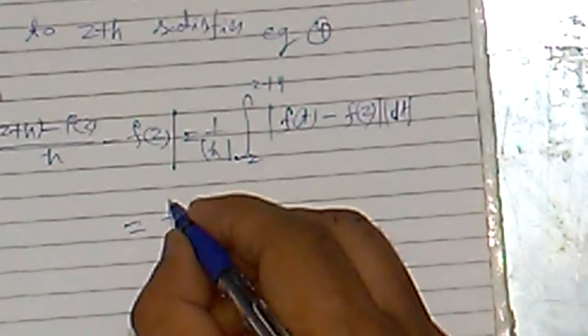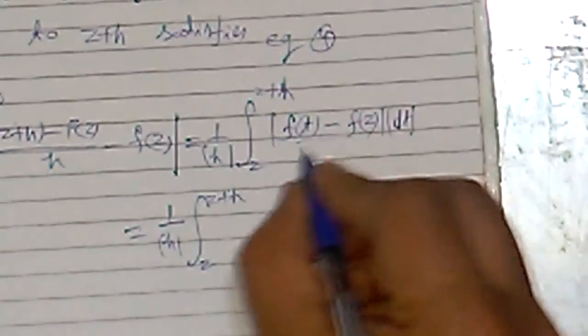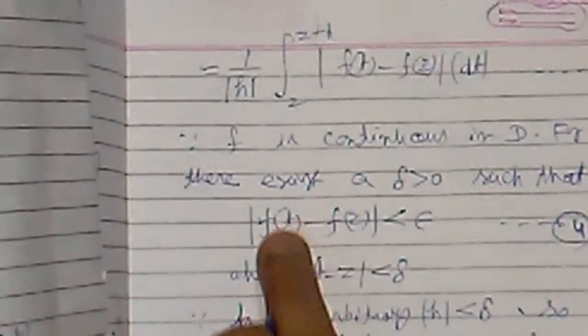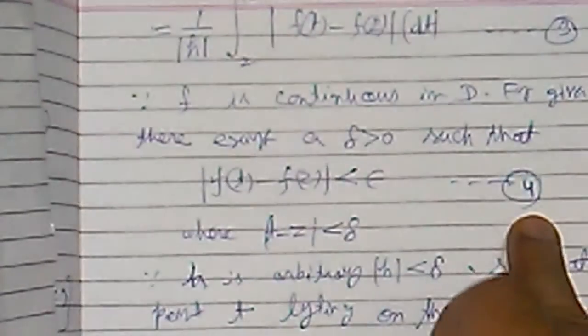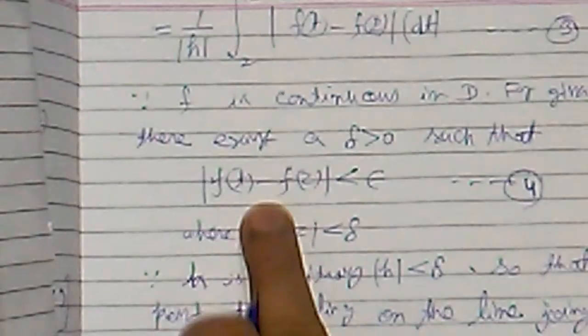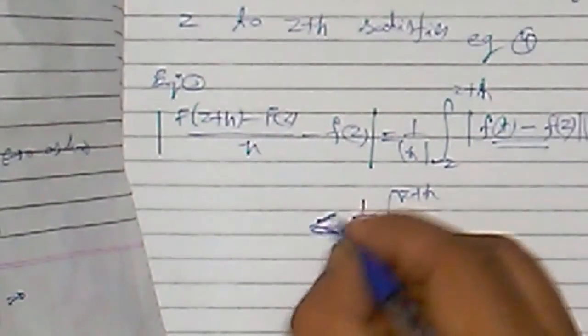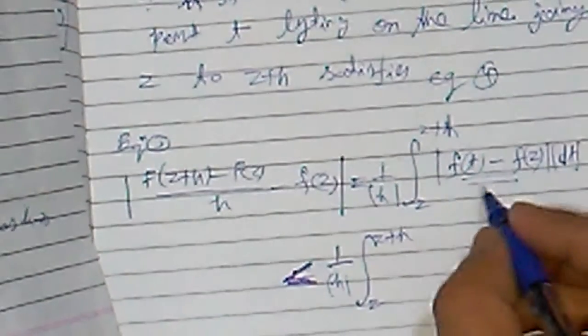So 1 upon modulus h times the integral from z to z plus h of this value is less than epsilon by equation number 4. If we write epsilon in place of this, the right hand side value is greater than the left hand side. So we change this sign to less than and write epsilon in place of modulus of f(t) minus f(z), with modulus of dt.